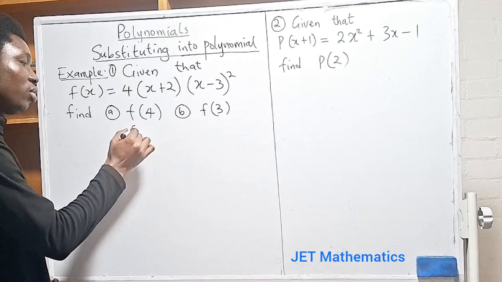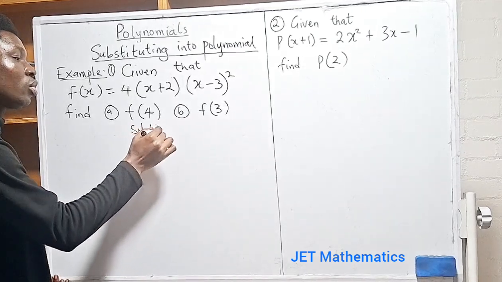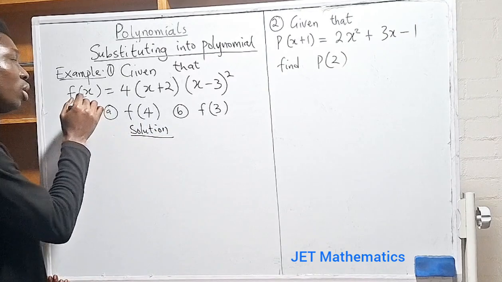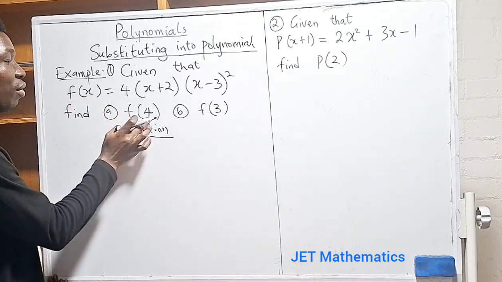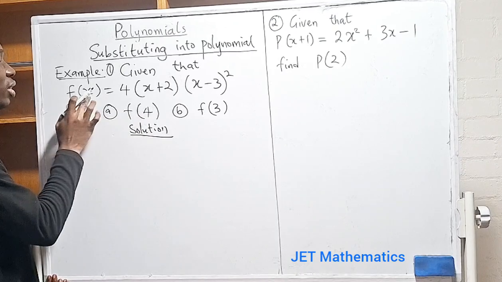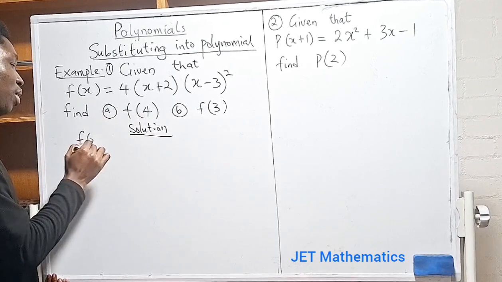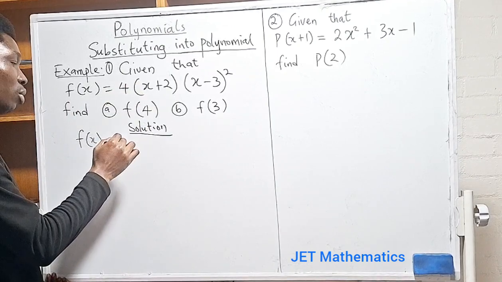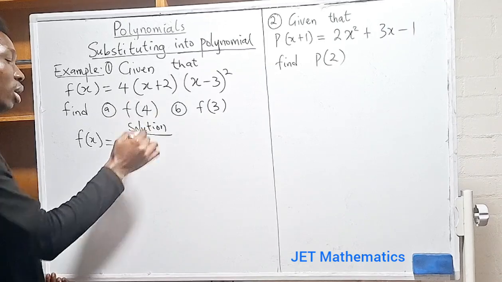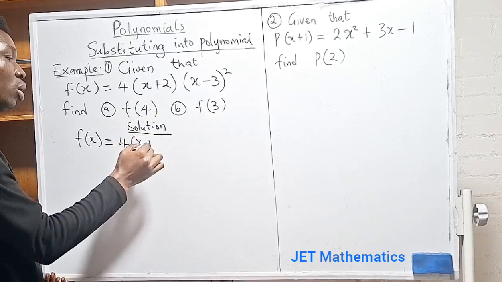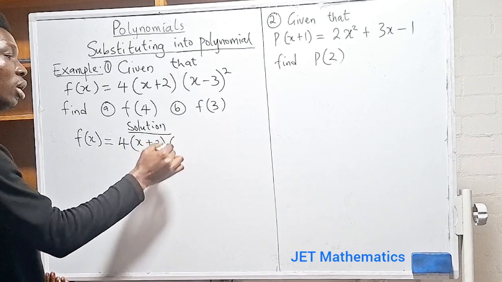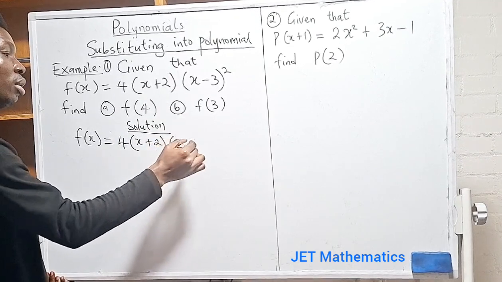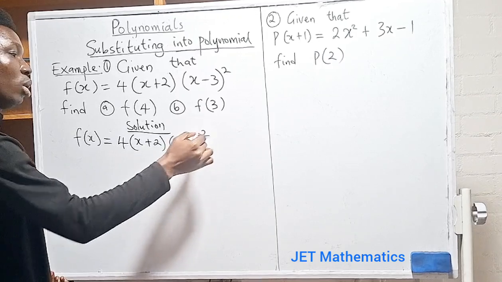So to solve this, very easy. All we need to do: f of x is equal to 4, and then here you have x plus 2, and here we have x minus 3 all squared.